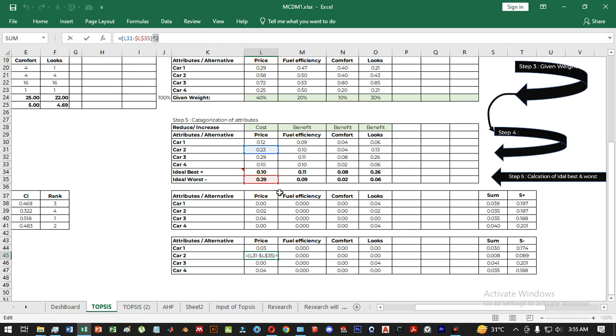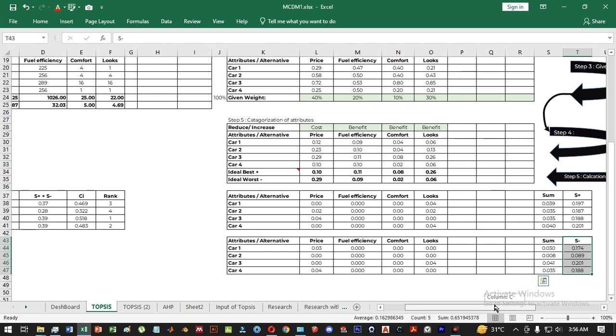The only change is that we put the ideal worst instead of the ideal best. After getting all the values, we again do the same procedure. We sum all the numbers here and then take the square root, and we have these numbers, which are called S plus and S minus.